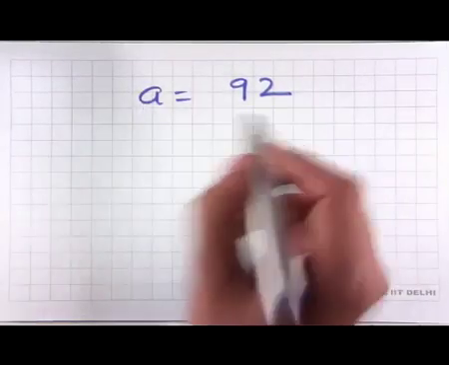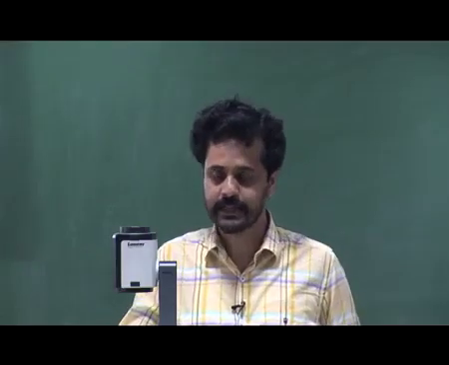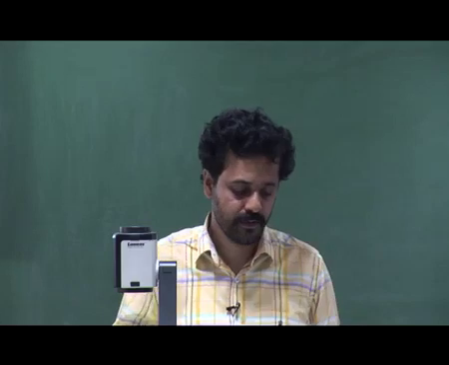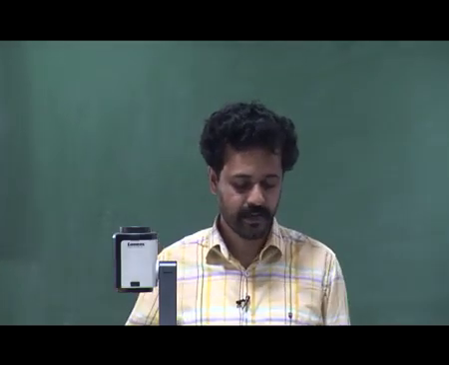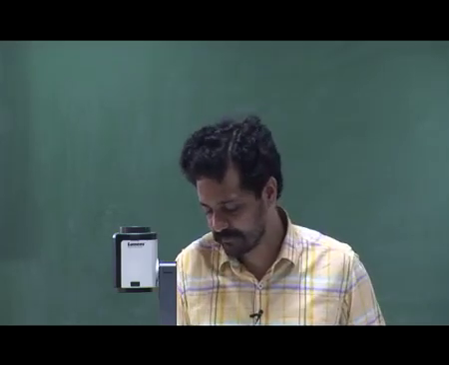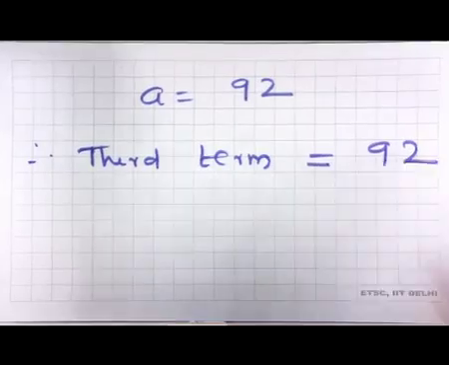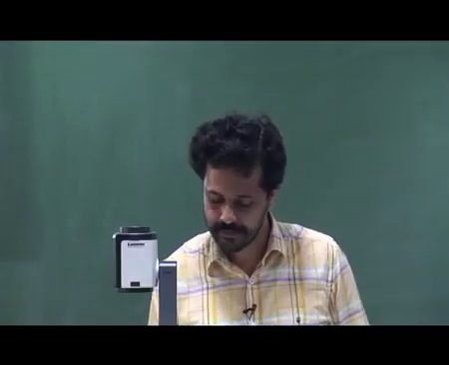The first term of our geometric progression is 92 and the common ratio we already got as minus 1. Therefore, the third term would be 92.